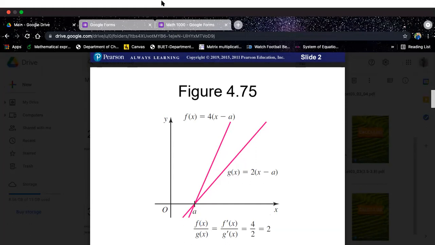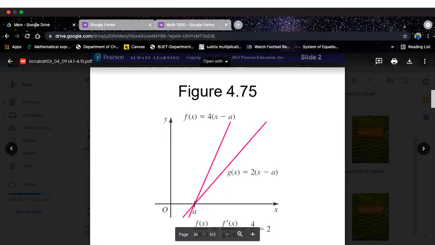Okay, let me see. All right. Okay, now here we go. I think now it will show my iPad. No, it's not. Ah, gosh, I hate this.